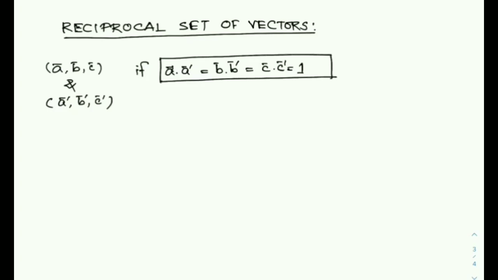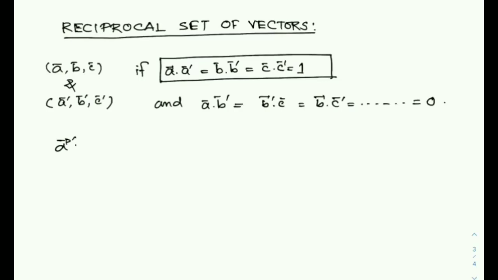This is the main condition. And also A dot B prime, or B dot C prime, or any other such dot product, is 0.